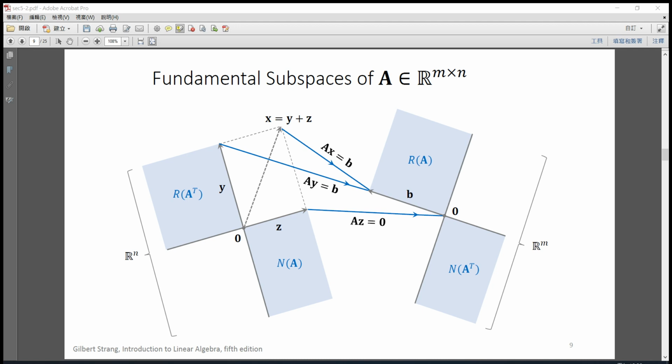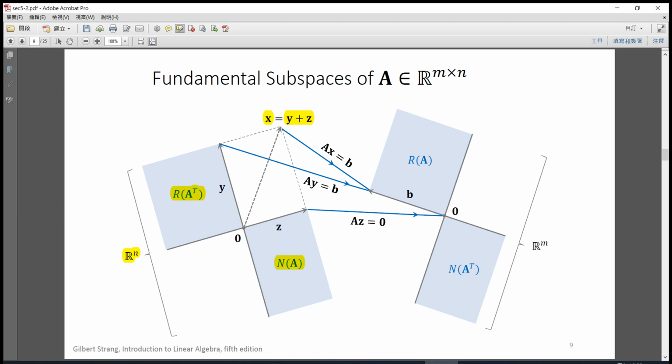Recall that R^n is the direct sum of R(A^T) and the null space of A. So every vector x in R^n can be written as the sum of y and z, where y belongs to R(A^T) and z belongs to the null space of A. Now suppose Ay equals b.